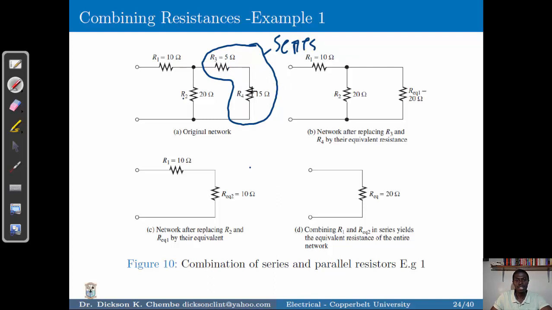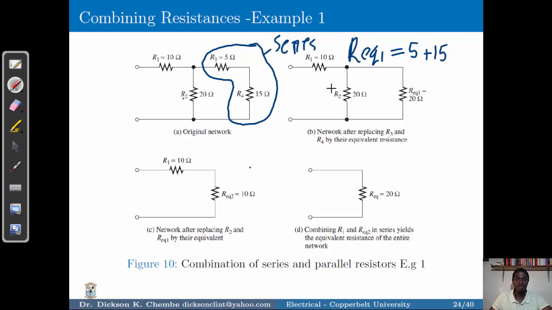Therefore, resistances in series, like we mentioned, we add them directly. So R3 plus R4 is 5 plus 15, which gives us 20. So this is our first equivalent resistance. Req1 is simply equal to 5 plus 15, which gives you 20.